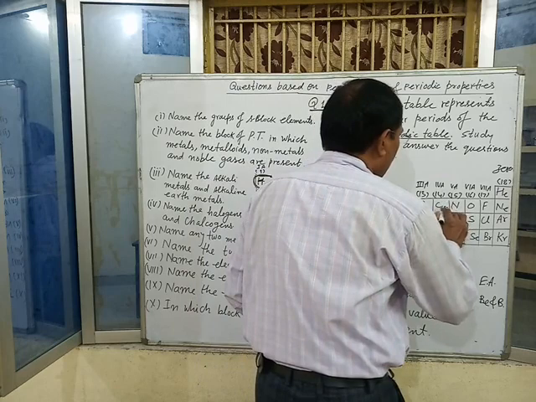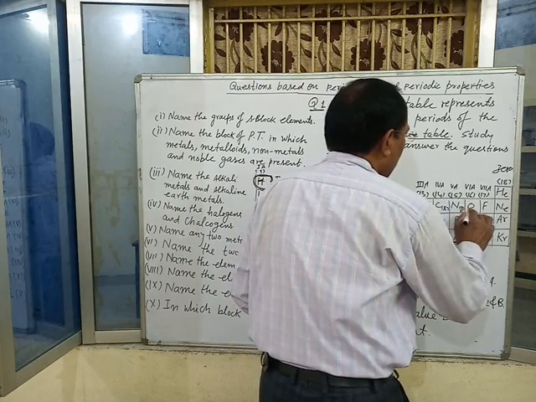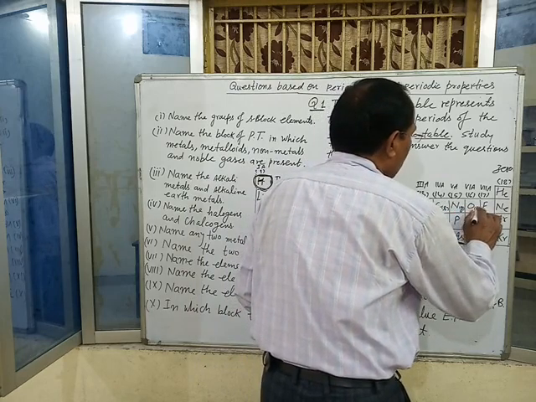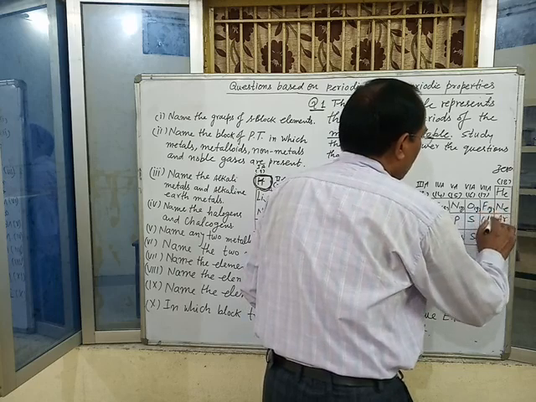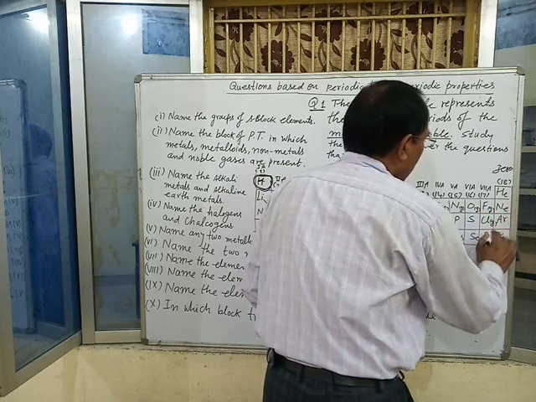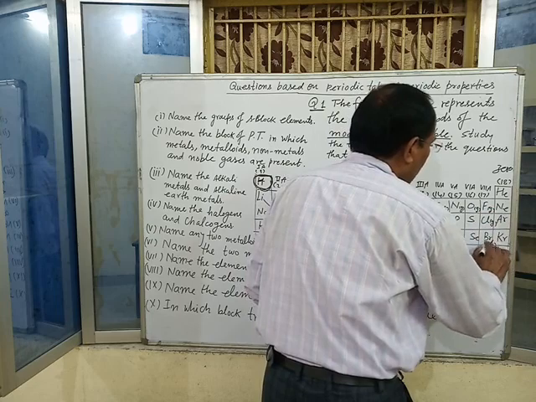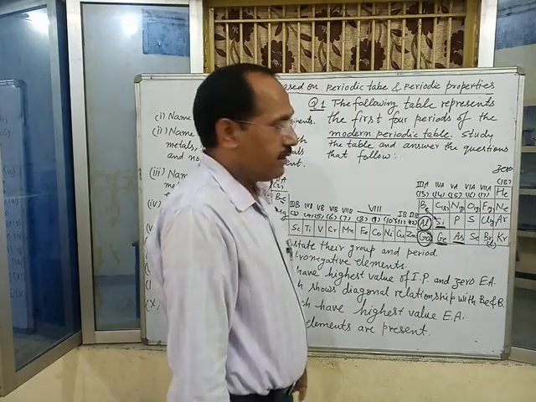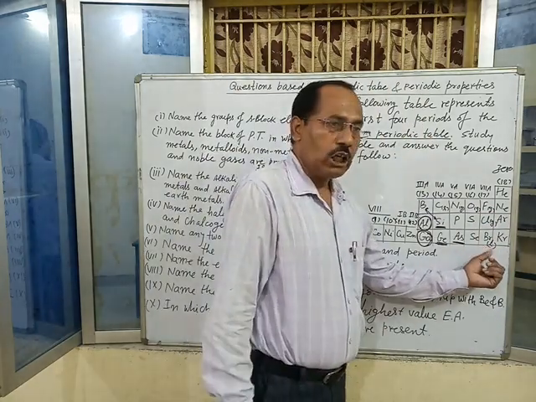Carbon is a solid non-metal. Nitrogen is a gaseous non-metal. Oxygen is a gaseous non-metal. Fluorine is a gaseous non-metal. Chlorine is a gaseous non-metal. But bromine is a liquid non-metal. Very important question: bromine is a liquid non-metal.